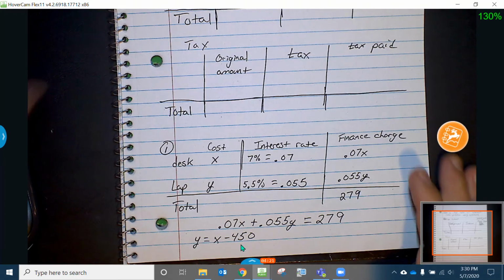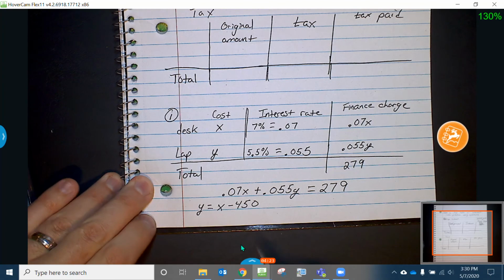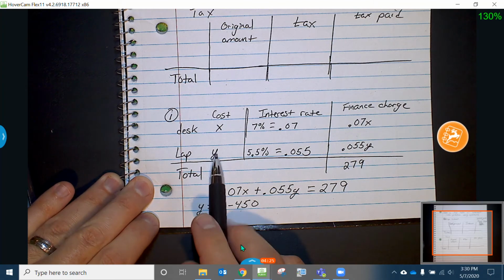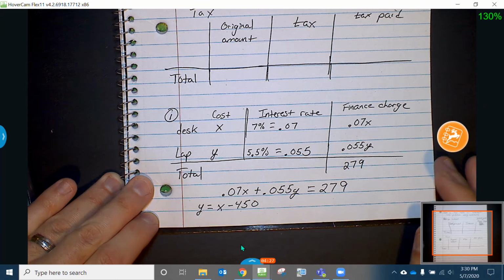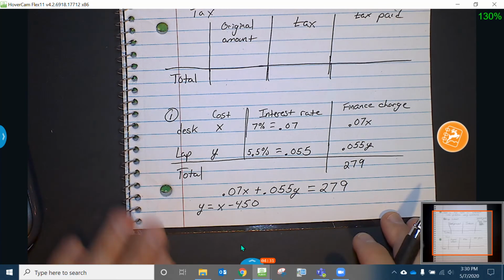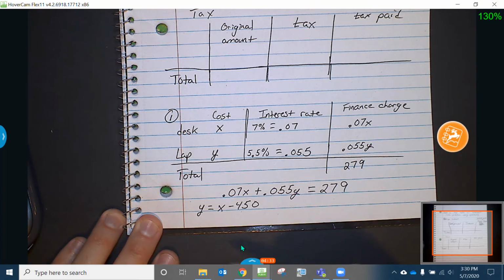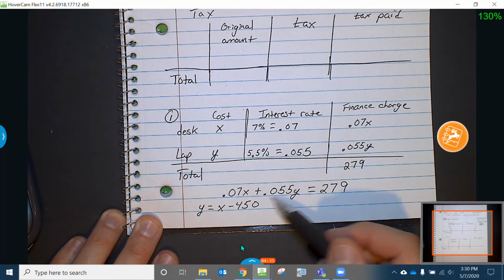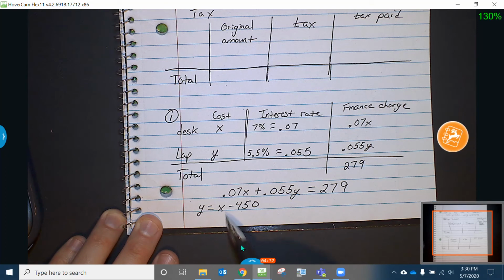So we really don't need a system here. To be honest with you, you can just put this x minus 450 in for y and just solve it out. Alex says you can use a graphing calculator, but you have to solve this for y. It gets a little messy. I would just plug this in for y, do a substitution.